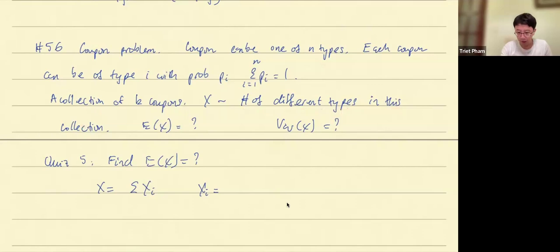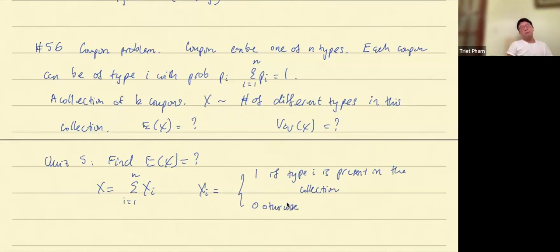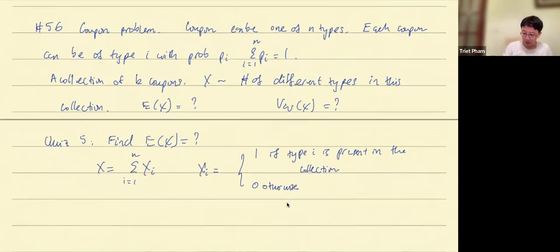So you just go through the types and say xi is 1 if type i is present in the collection and 0 otherwise. Now, what's the expectation of each of these xi then?